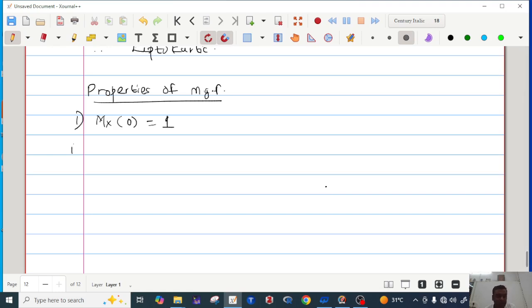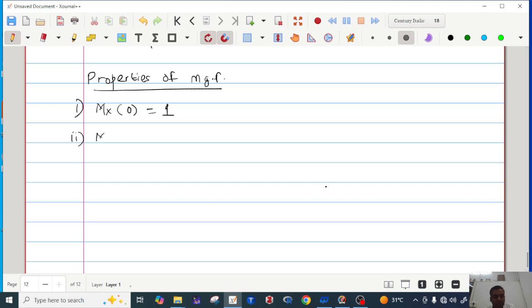Very important property. Second is regarding the change of origin and scale. If you change the origin, M of X plus b of t is equal to e raised to bt times MX of t.